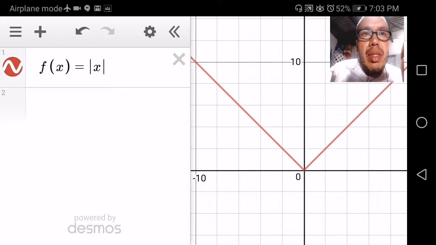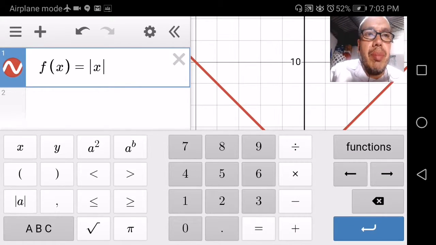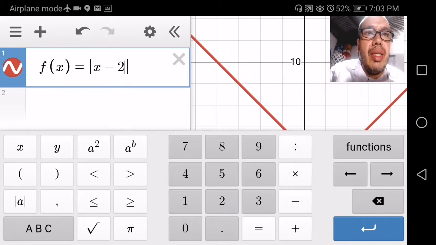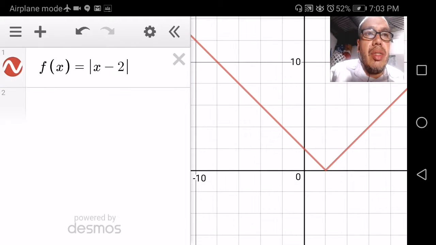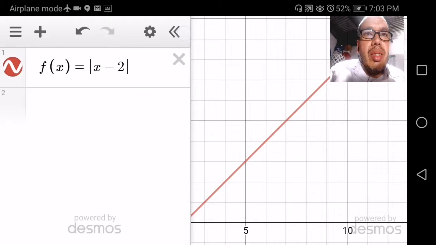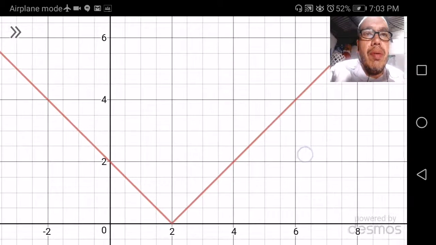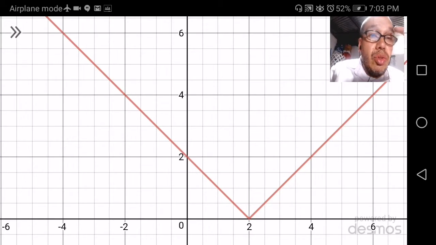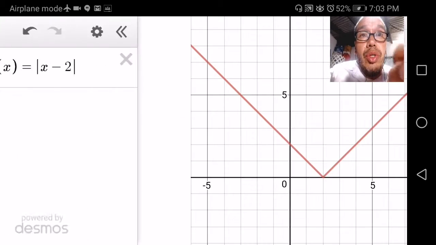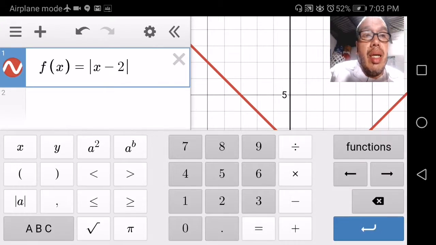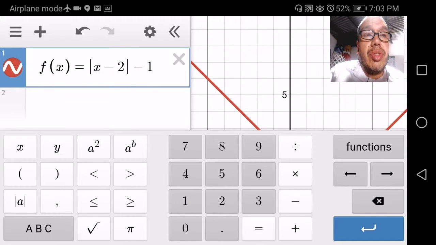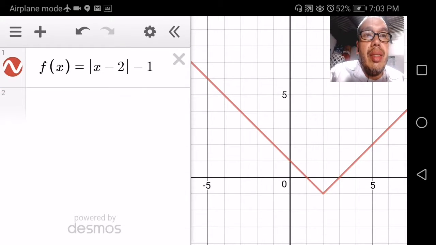And of course, you can transform this a little bit. For example, you can move it to the right by subtracting some value. So this is the absolute value of x minus 2. You moved it 2 units to the right, and this you can also translate vertically. See, that's the absolute value of x minus 2 minus 1.